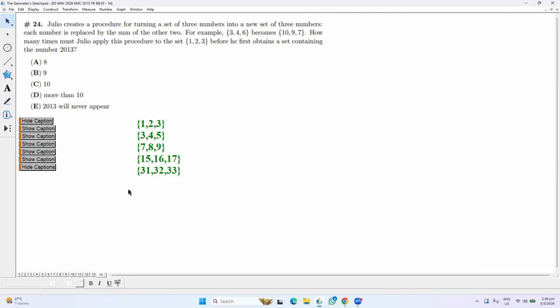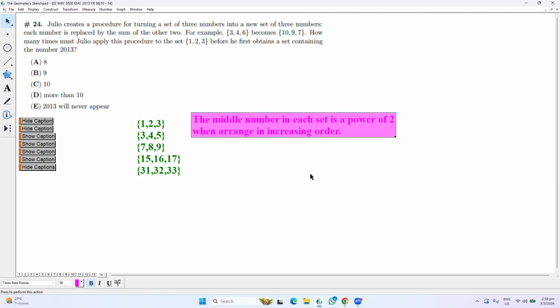So do you see any pattern already? We notice that the middle number is 2, 4, 8, 16, 32. So the middle number in each set is a power of 2 when arranged in increasing order.